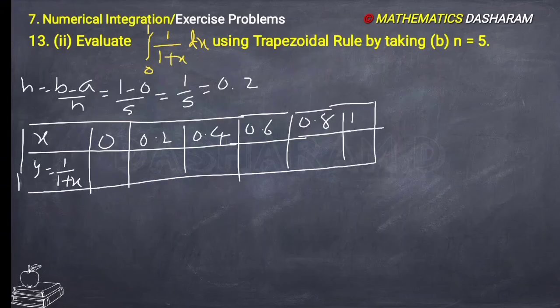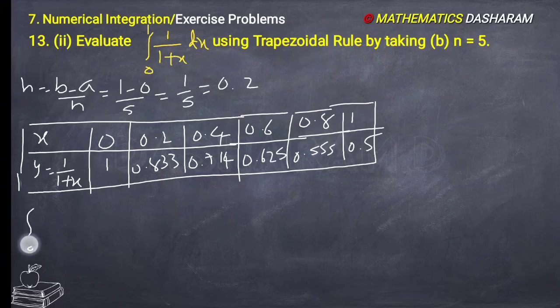When the x value is 0, then y value is 1. Next, 0.833, 0.714, 0.625.